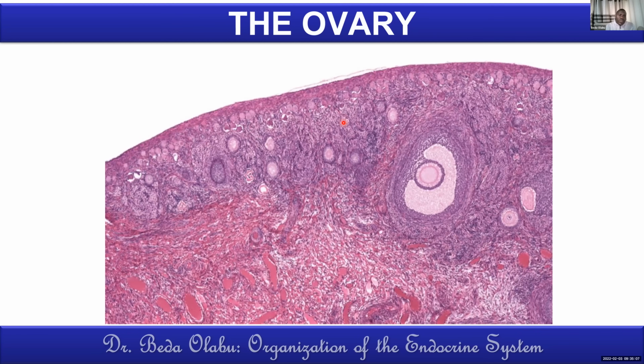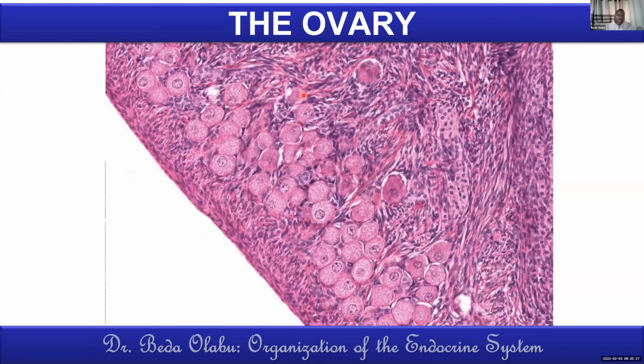External to the ovarian cortex is a capsule that protects the ovary. The ovarian capsule is termed tunica albuginea. However, there's something external to the tunica albuginea. Usually, we have a layer of epithelial cells, not shown here, which we call germinal epithelium.